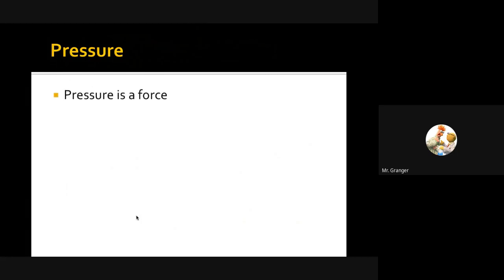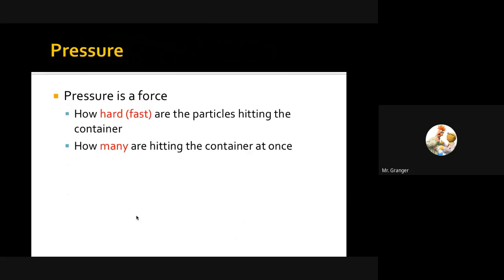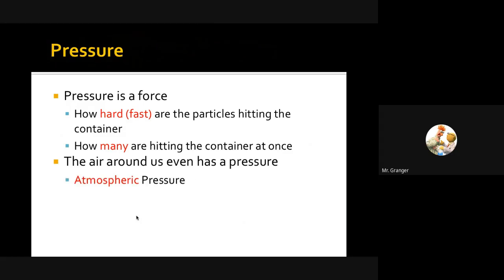In order to measure pressure and further understand pressure, we want to look at a couple parameters for pressure. So pressure is a force, right? Because they're colliding, so it's exerting some sort of force on another particle or on the wall of the container.